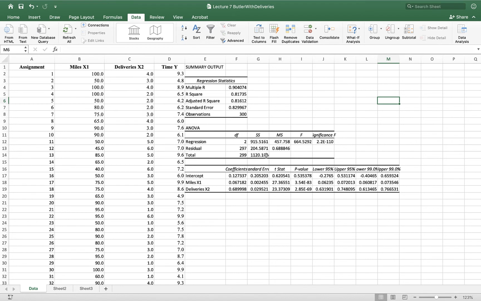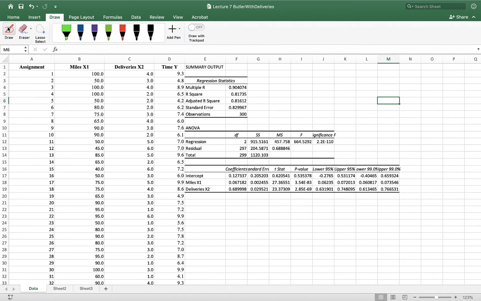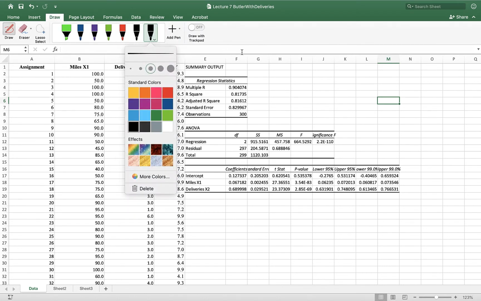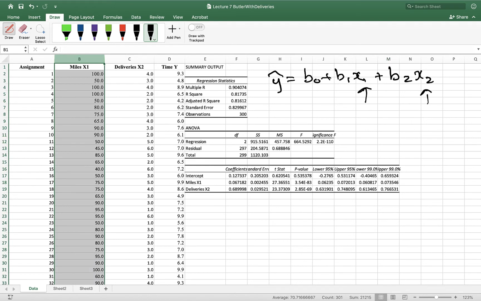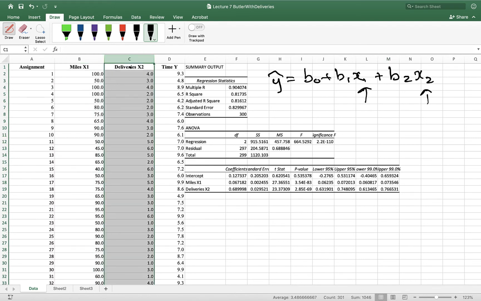The general form of this model, let's do it up here, is going to be that y hat equals b0 plus b1x1. That would be linear, but now it's multiple, plus b2x2. It's got two independent variables here and here, and those variables correspond, as we could see up here, to miles and deliveries.